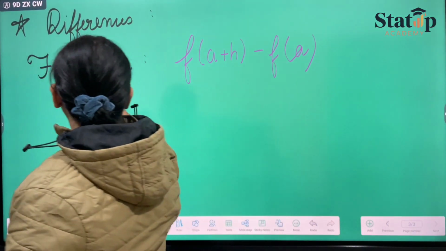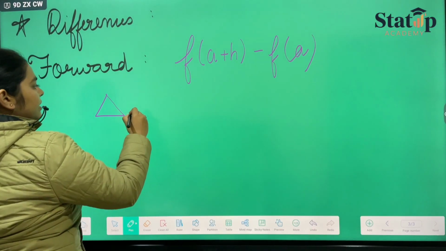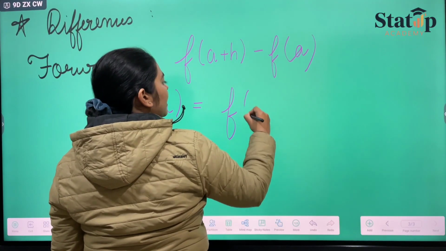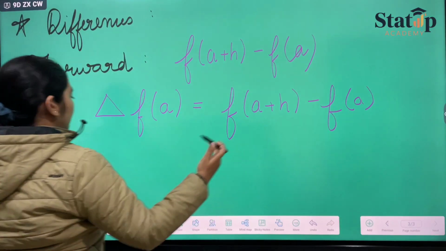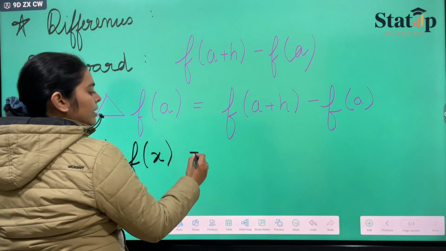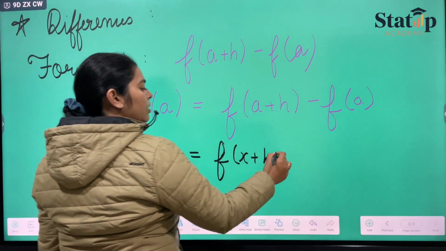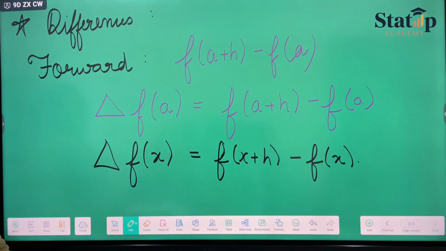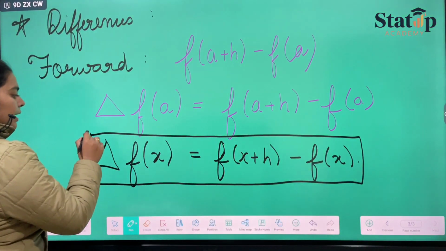This is represented by the sign delta, which is a triangular shaped sign. We say that delta of fa can be written as f of a plus h minus fa. Similarly, if I change the variable and say delta of fx, then it can be written as f of x plus h minus fx. This is our forward difference, which is represented by a triangle and is known as delta.